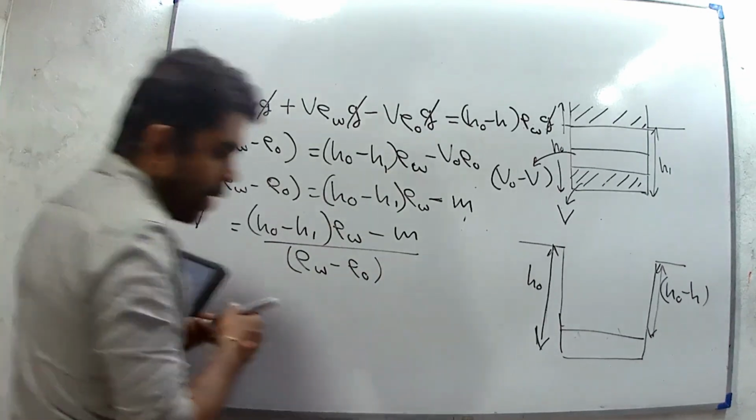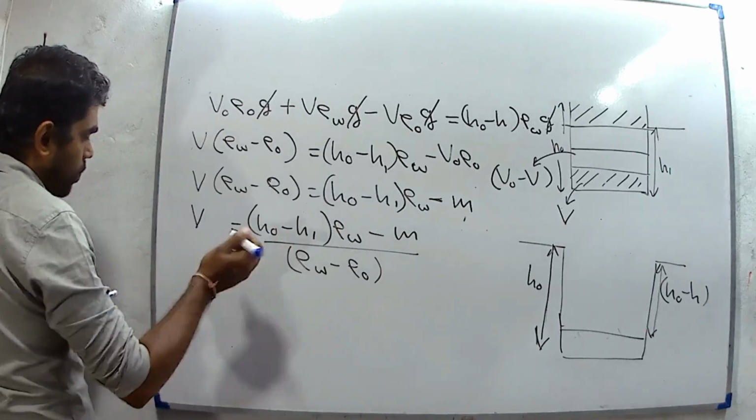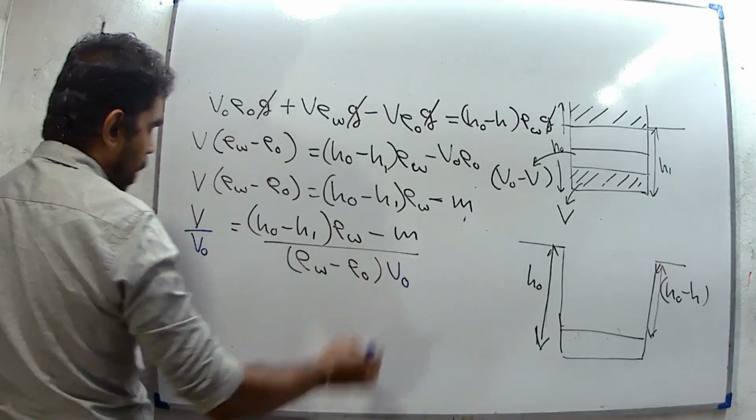Now we have to divide it by V0 to get the ratio. I will divide this side also by V0.